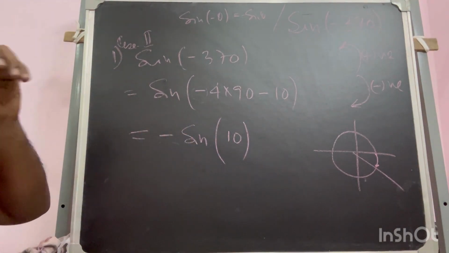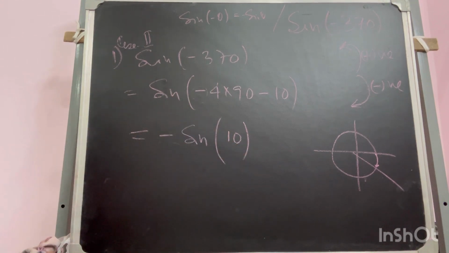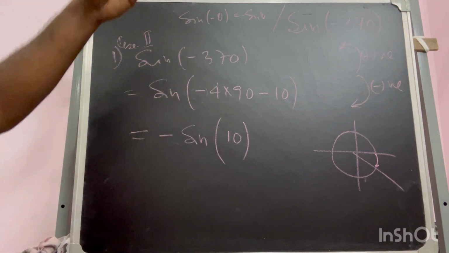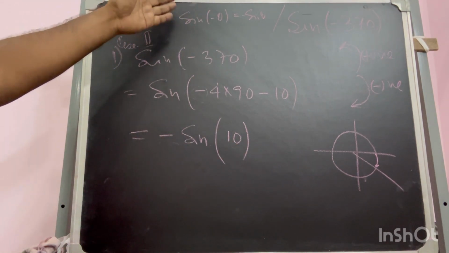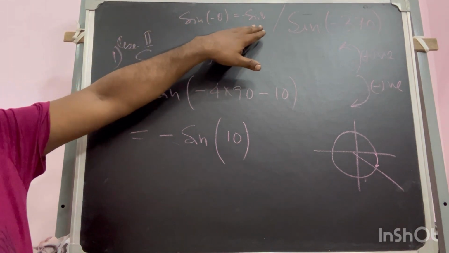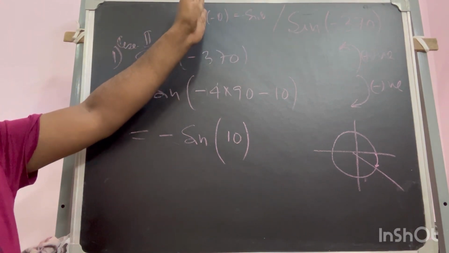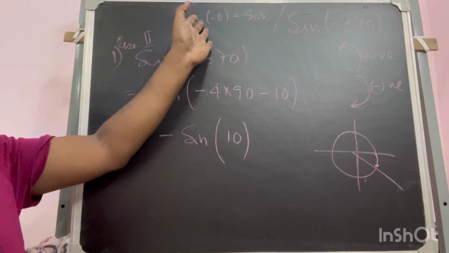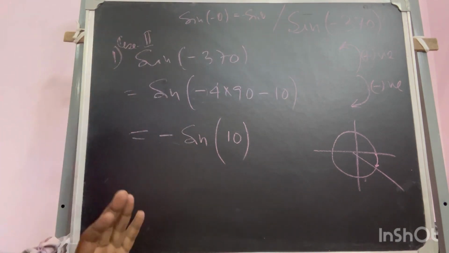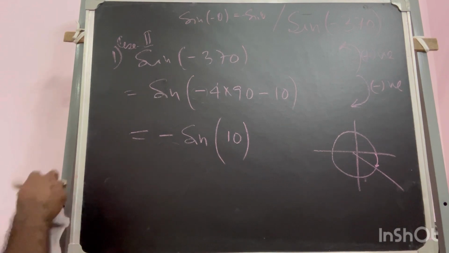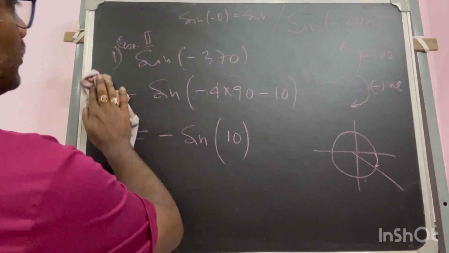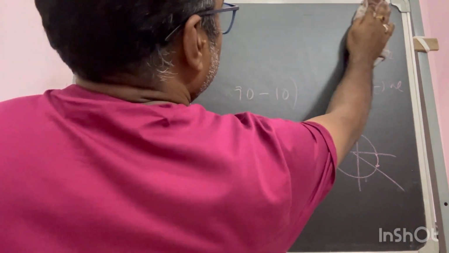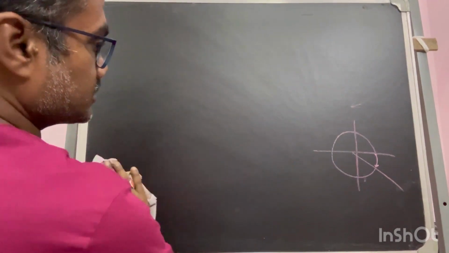Understood? So this way the things can be thought in different way. Either you can use that one if it is easy for you to remember sine of minus theta is equal to minus sin theta, cos of minus theta is equal to cos theta. For tan, as any of this is negative, the tan will be negative. So this is the thing you can remember. To clear the concept, I thought it should be described or discussed.